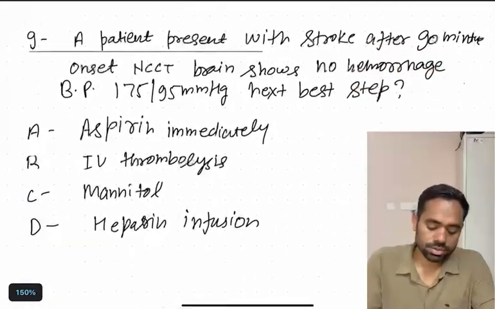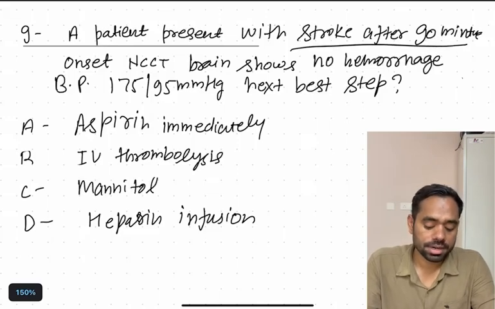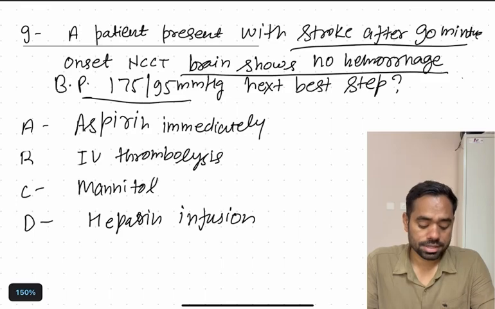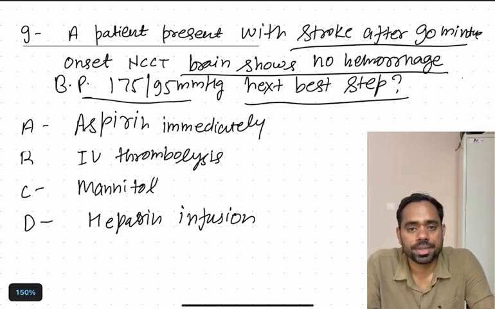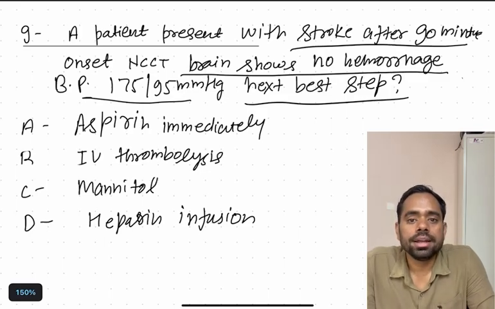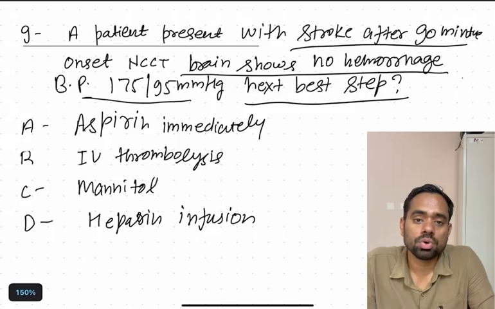Into the next question. A patient presents with stroke 90 minutes after onset. NCCT brain shows no hemorrhage. BP is 175 by 95. Next best step. If any patient presents with a stroke, the first thing you will do is NCCT head, just to rule out hemorrhage.